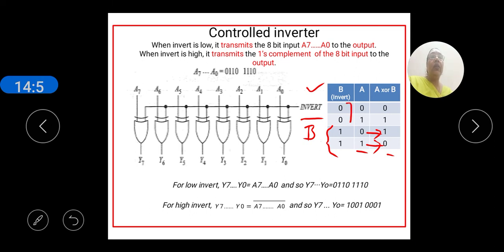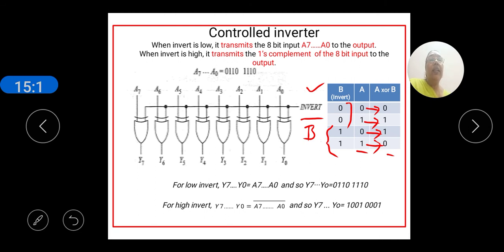Whenever B is 0, whatever be the value of A, that is sent to the output. If A is 0, it is sent as 0 to the output. If A is 1, the output is also 1. So whatever you have in the input, it is sent to the output as such.